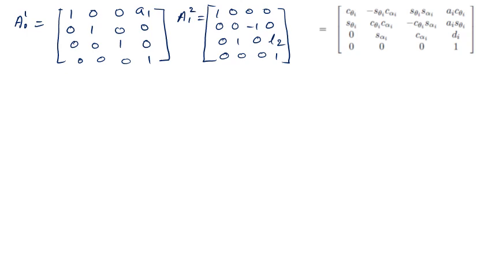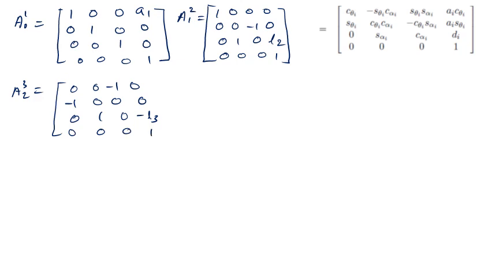Then we have A23. We have to take the components from the third row of the DH table. So A23 would be 0, 0, minus 1, 0, minus 1, 0, 0, minus 1, 0, 0, and then 0, 1, 0, 1, 0, minus L3, then 0, 0, 0, 1.